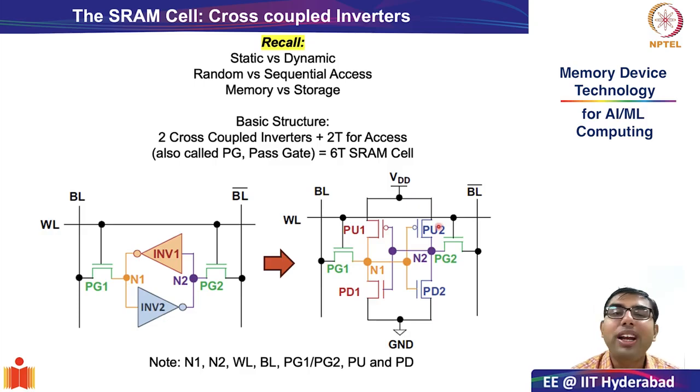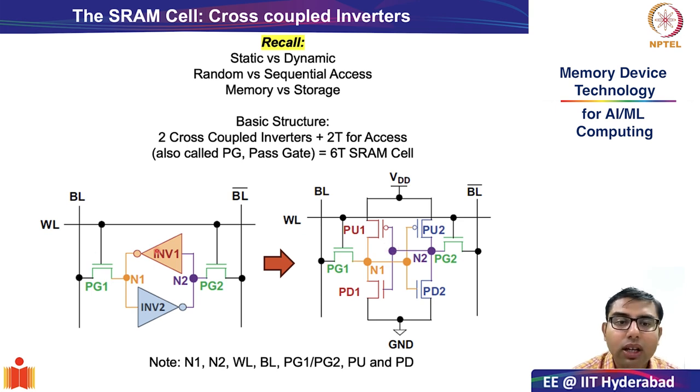Similarly, the corresponding transistors for inverter 2 are indicated in blue color. They are the pull-up 2 transistor and pull-down 2 transistor. Okay, and as you can see, the output of inverter 1 at N1 is connected to the input of inverter 2, and the output of inverter 2 at N2 is connected to the input of inverter 1.